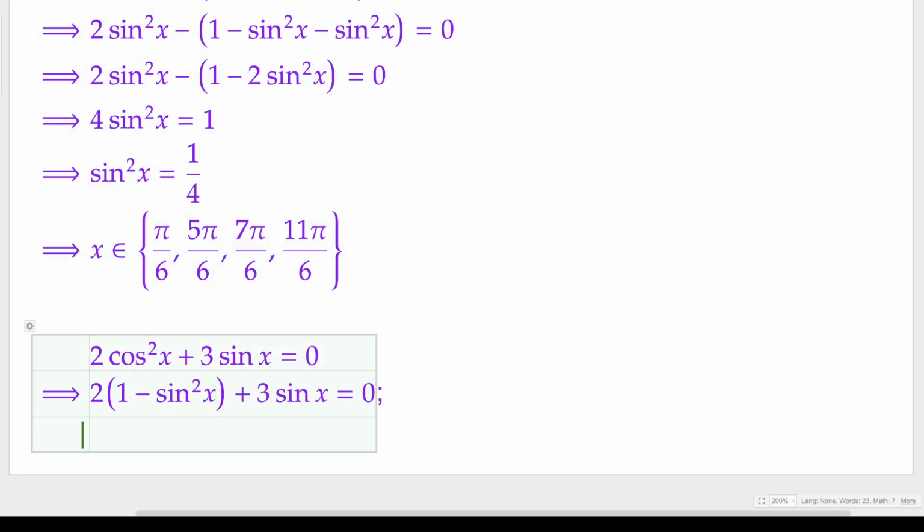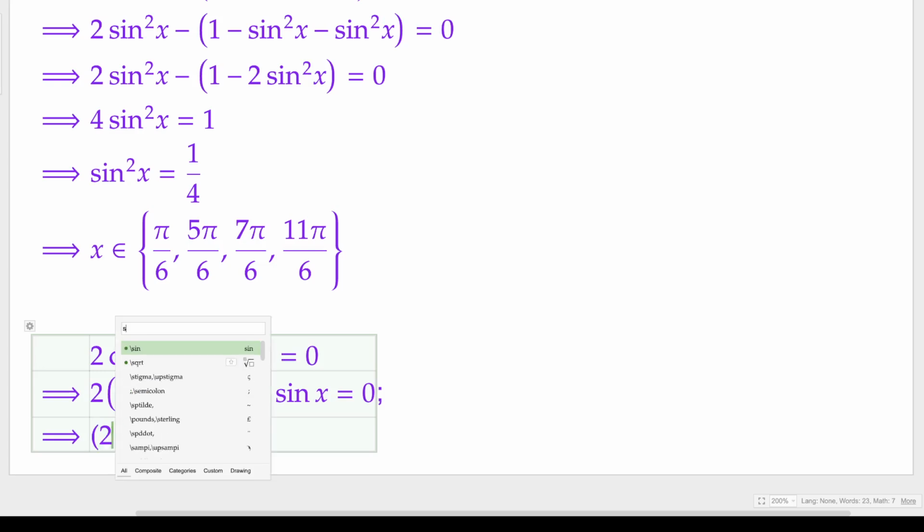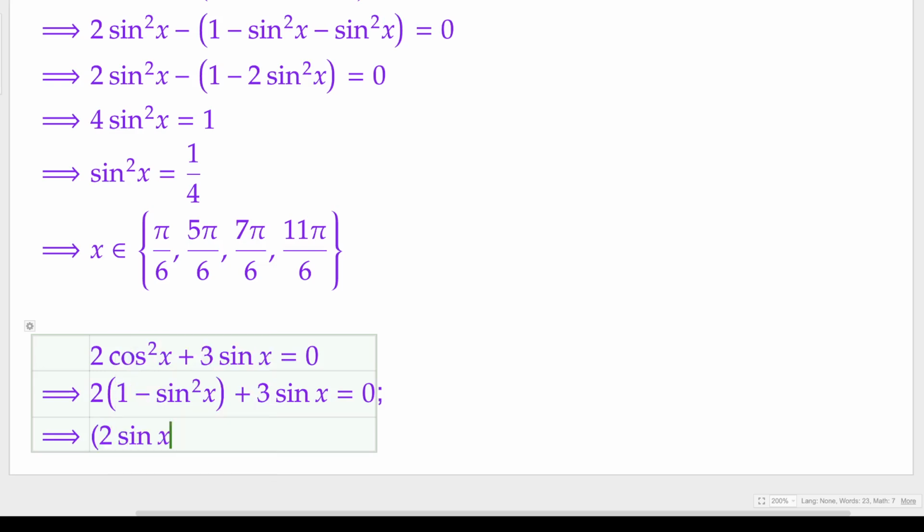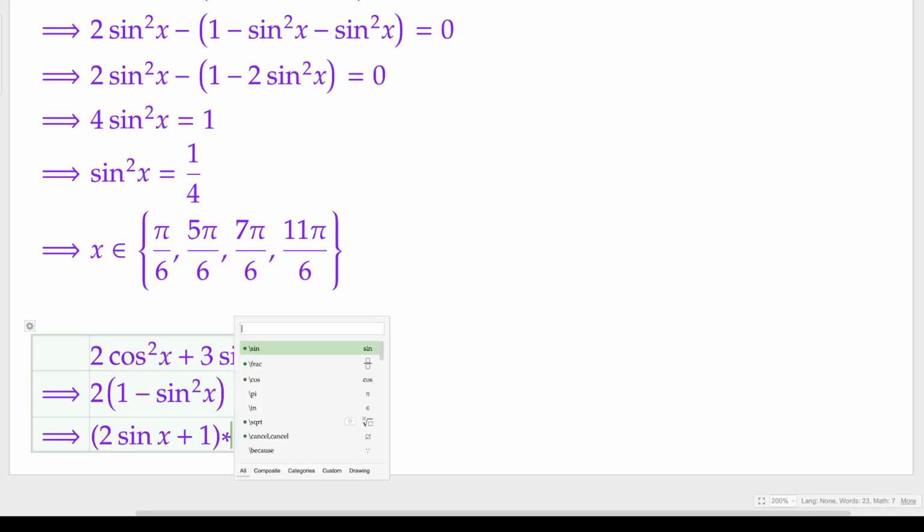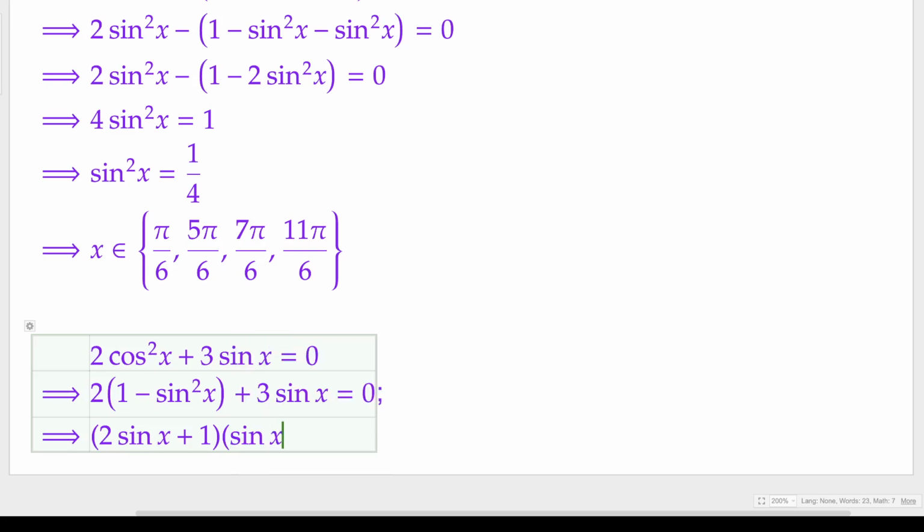Now on resolving this we would get 2 times sin x plus 1 times sin x minus 2, that is equal to 0.